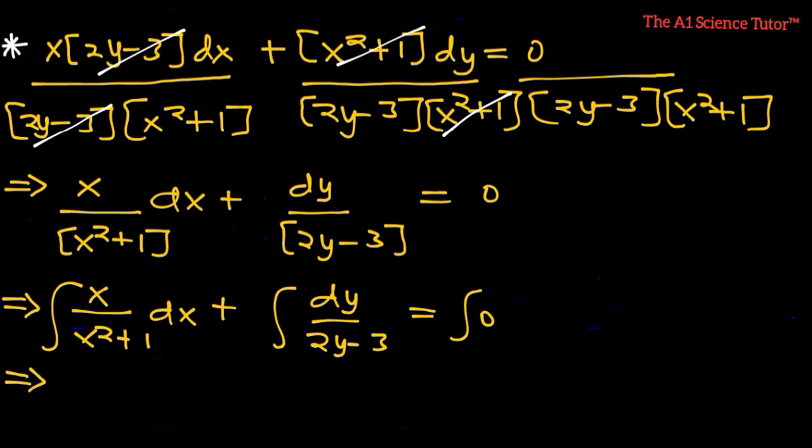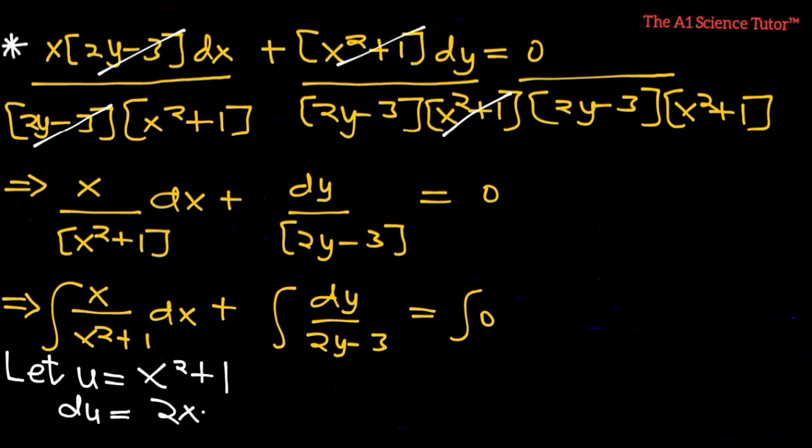So first off, I'm going to make x squared plus 1 to be u. So let u be equal to x squared plus 1. So du is going to be 2x dx. This should come off easy because we know that du/dx should be 2x plus 0, because the derivative of a constant is basically 0.